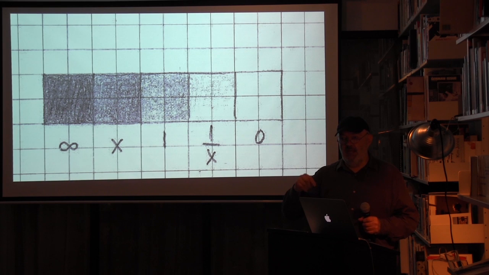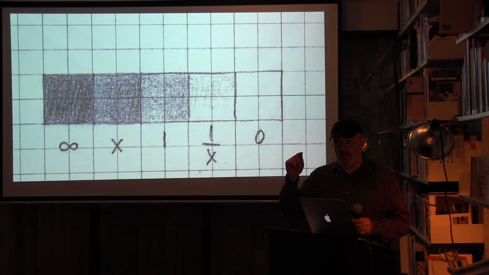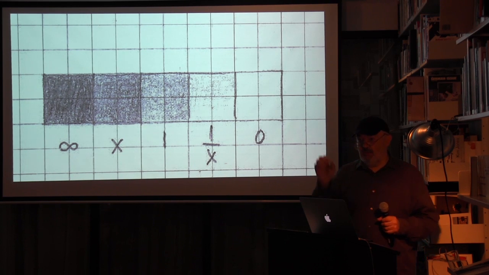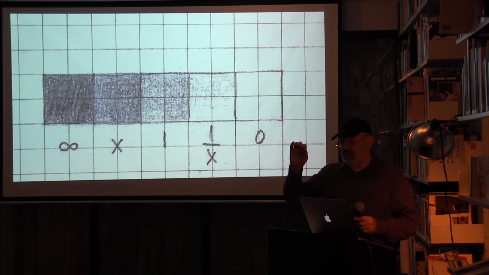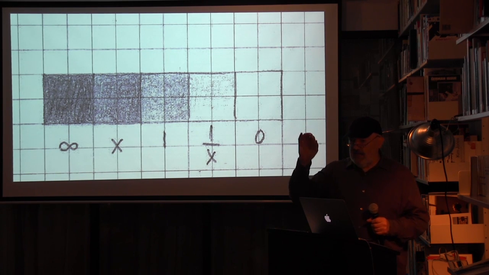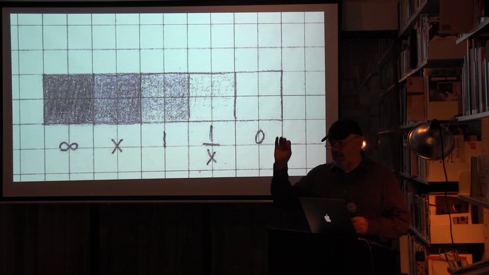That's why we have this as something very familiar. What we are looking at is, in fact, the code. The code is not A, C, G, U, and so forth. The code is black, dark gray, gray, light gray, and white.